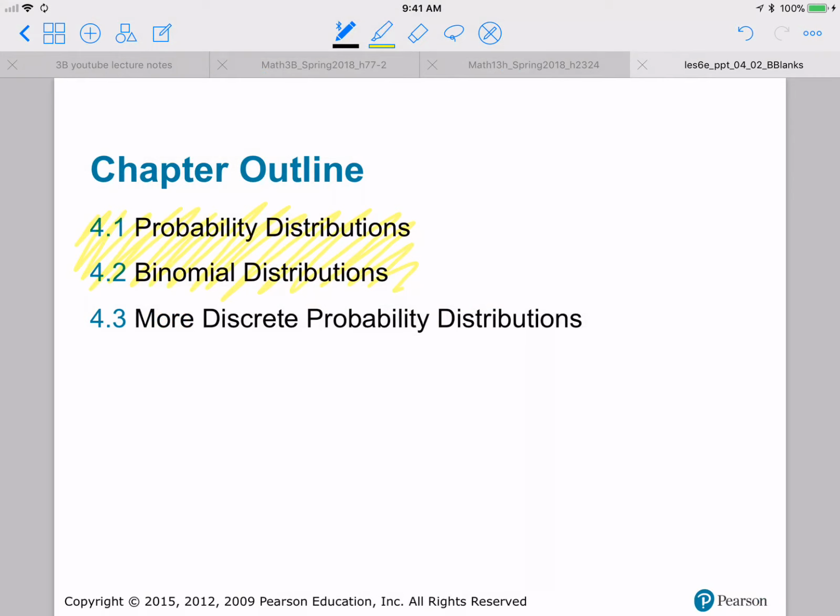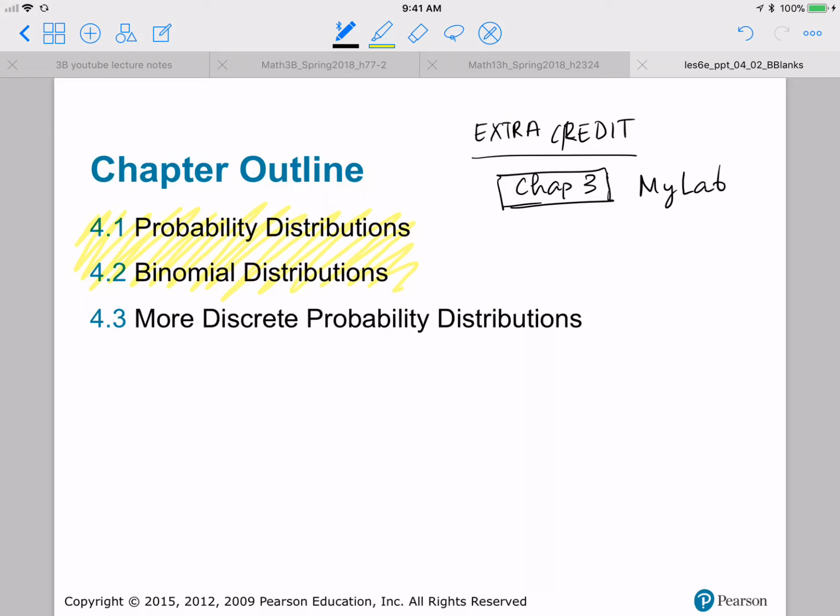And I have some extra credit assignments available, which involve Chapter 3. Chapter 3 is about basic probability. You know, if you roll a die, what's the probability that you'll get an even number?